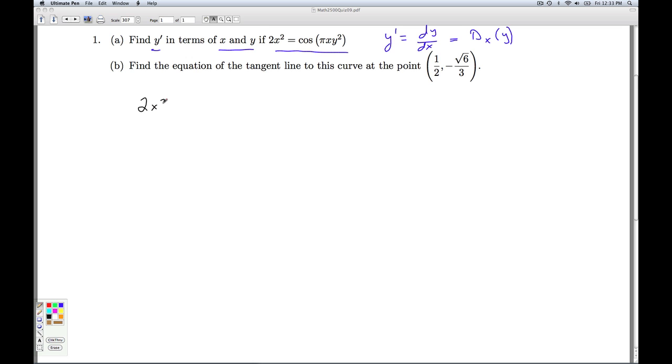we're going to start with our original equation. We're going to take the derivative of both sides with respect to x. So the derivative of 2x squared with respect to x is the derivative of cosine of pi xy squared with respect to x.